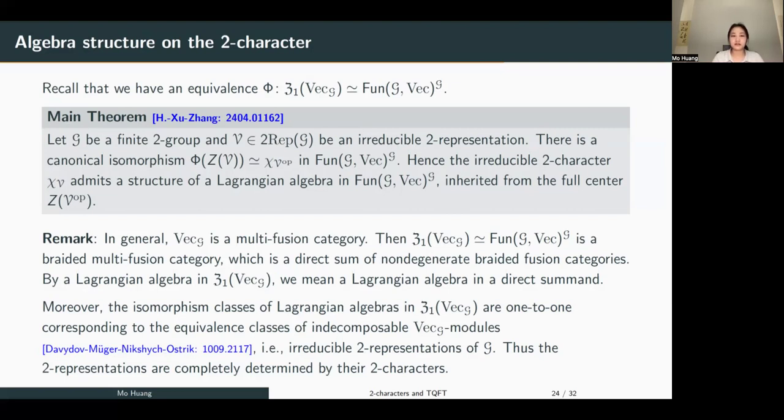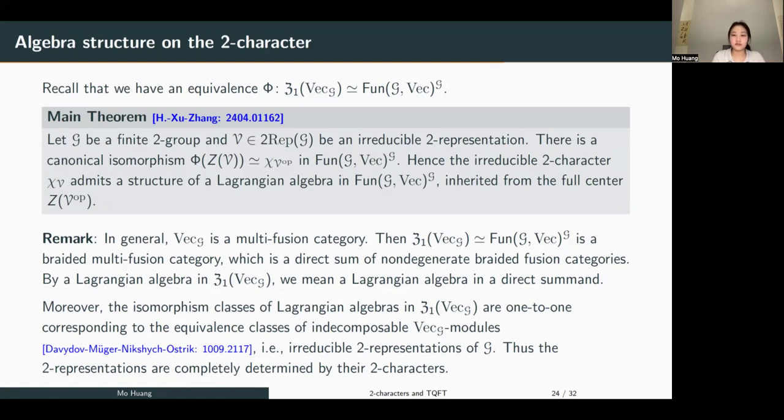There is a canonical isomorphism from phi Z_V to chi_V^op in the G-equivariantization of this functor category. Hence, the irreducible 2-character chi_V admits the structure of a Lagrangian algebra in this equivariantization, inherited from the full center of V^op.